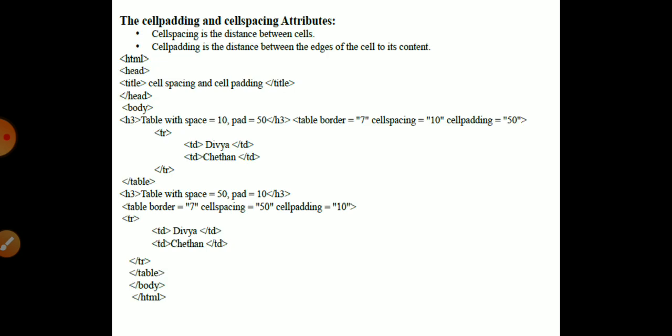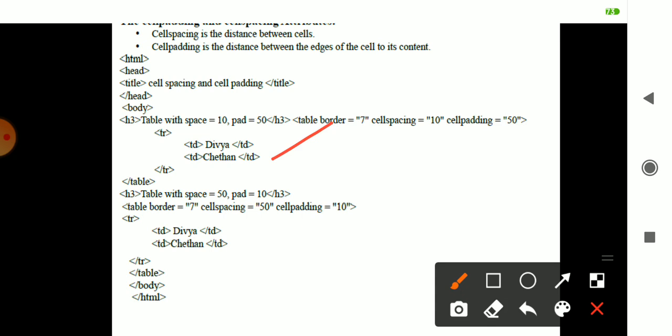So this is your first table, where it has two elements within the row, Divya and Chetan. The contents of the table are entered. You have the row, only one row is there. In that row you have Divya and Chetan.